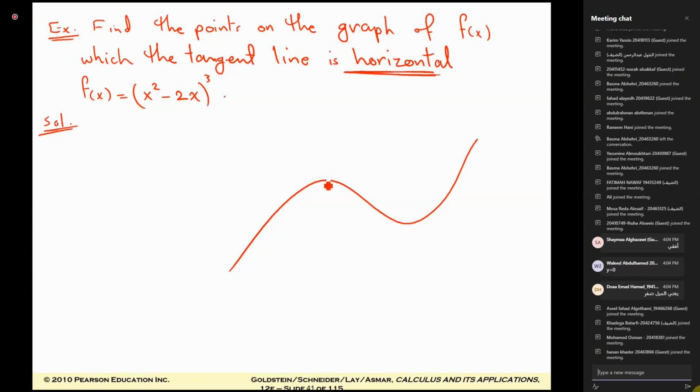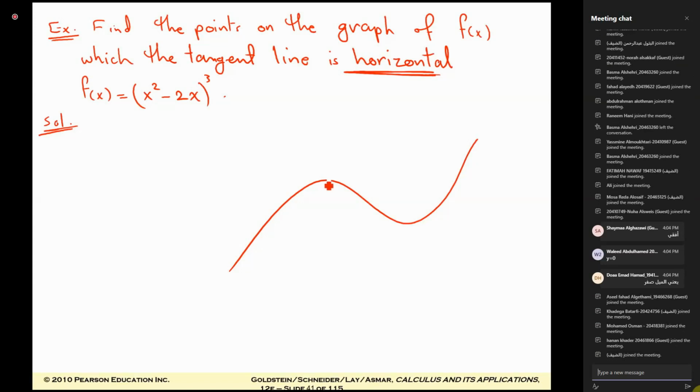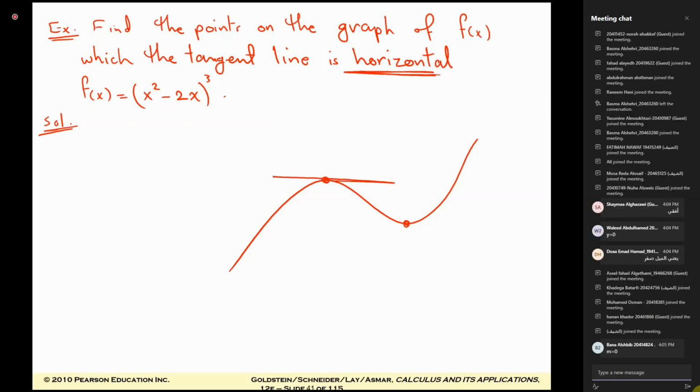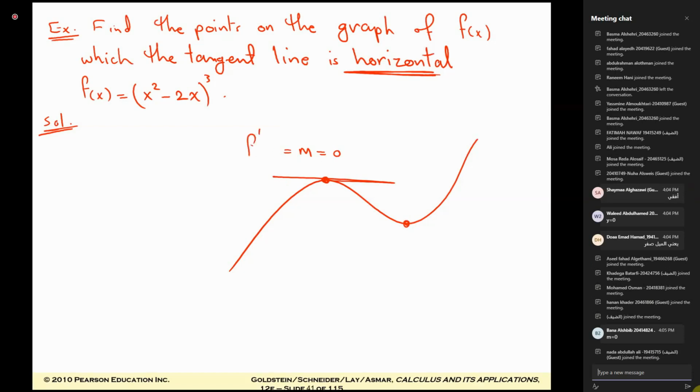So maybe we have one point, two points, where the tangent line is horizontal. This means at this point we have a tangent line with slope equal 0. What's the value of the slope? The slope equals f prime, the first derivative.